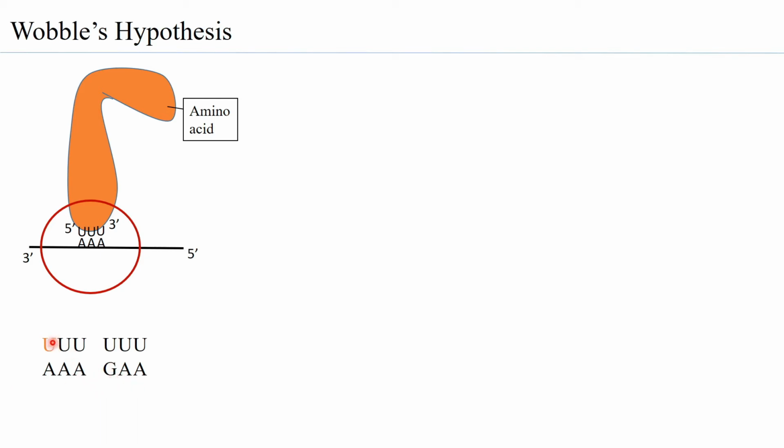So therefore, this U can wobble between A and G. What does this mean? It means that this tRNA is able to recognize two codons.